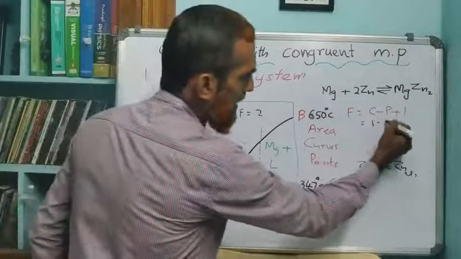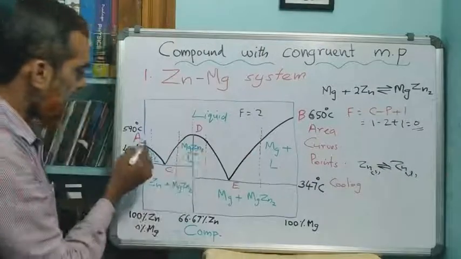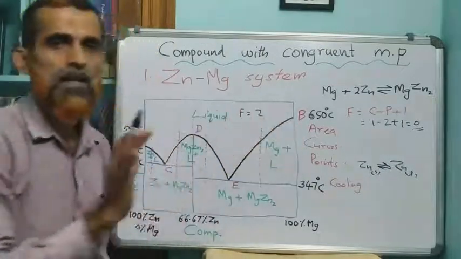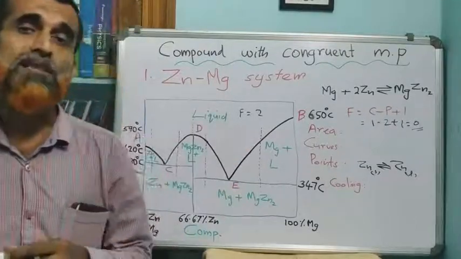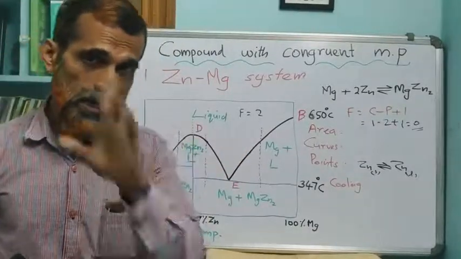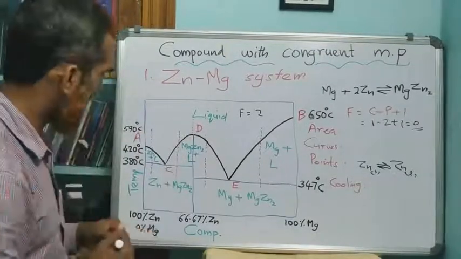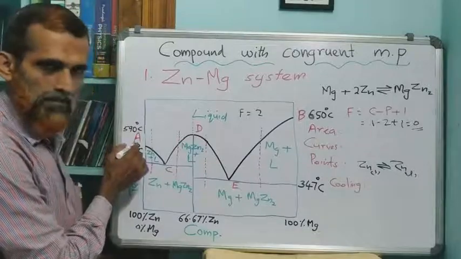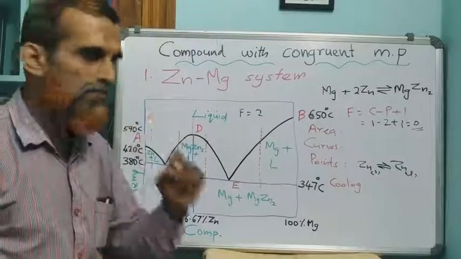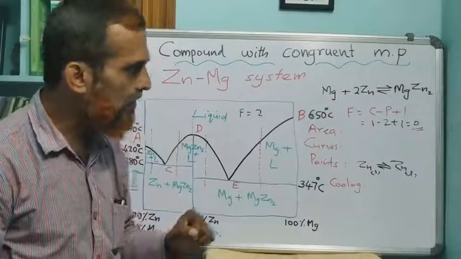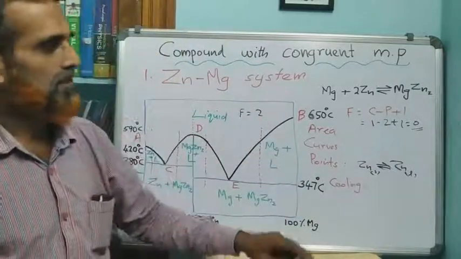So it is 1 minus 2 plus 1 equals 0. So practically this point A and point B are invariant. Because pressure is kept constant, a constant pressure will correspond to one and only one melting point. Melting point will also be constant, right? That's why point A, melting point of zinc. Point B also is invariant, melting point of magnesium, where solid magnesium will be in equilibrium with liquid magnesium.